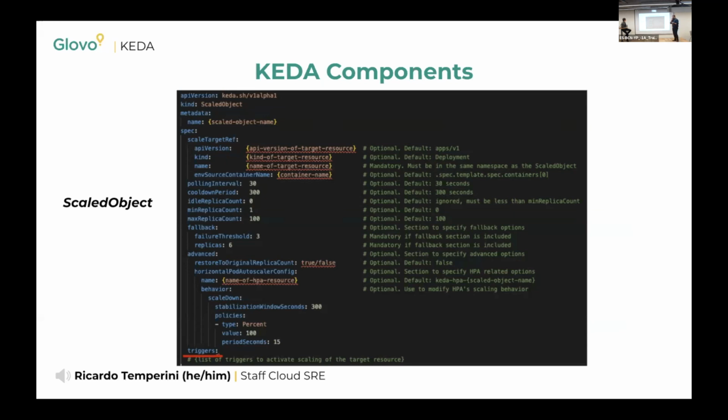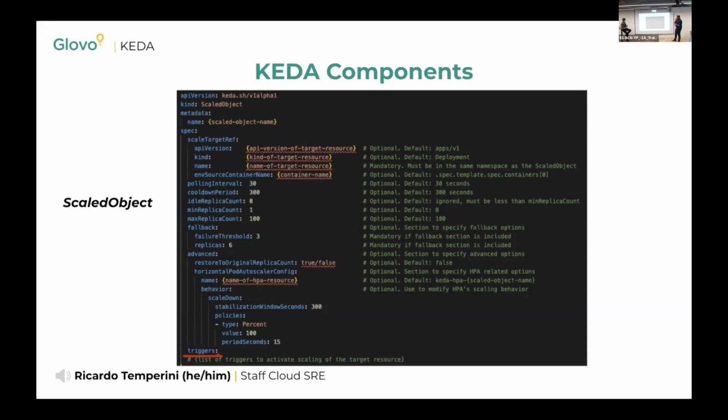Then there is a lot of fine-tuning configuration, like the polling interval or the scaling down period, which is more or less related to the behavior that Sam mentioned about how the scaling works, scaling up faster or scaling down a little bit slower. But the more important thing here is the replica count. You have the minimum and maximum replica count, the same as the HPA, basically how many pods you want to scale up or down.